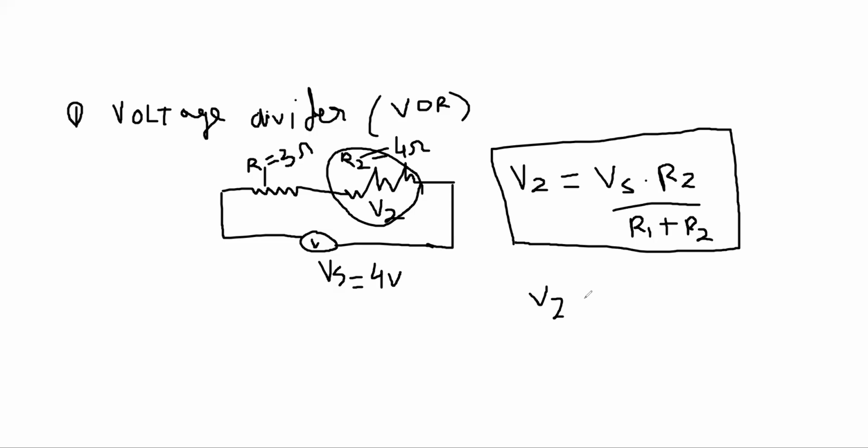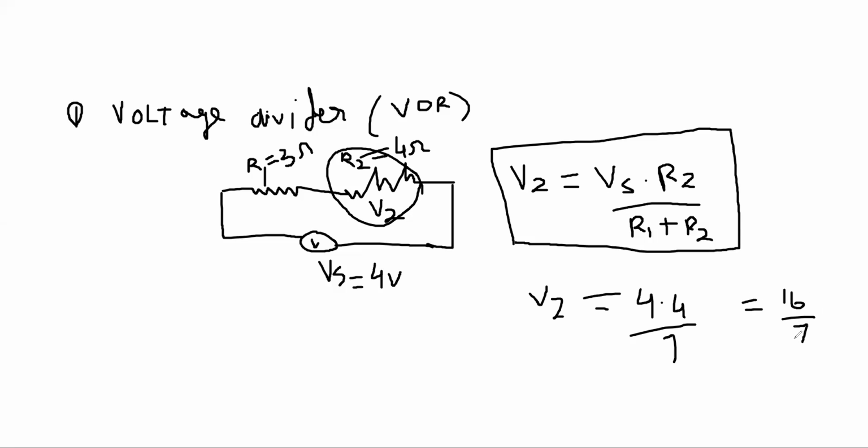V2 is equal to, what is the source voltage? Source voltage is 4 volt, multiplied by what is R2? R2 is 4 ohm, and you add 4 plus 3, which is 7. So the voltage you will get across the resistor R2 is 16/7 volt.